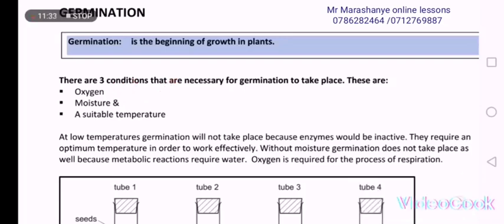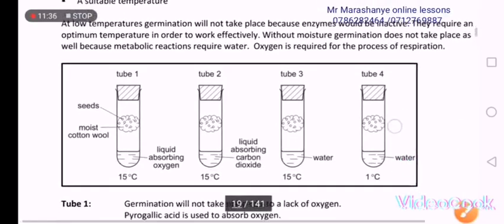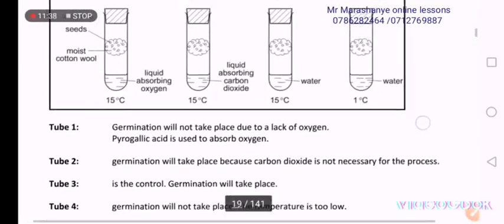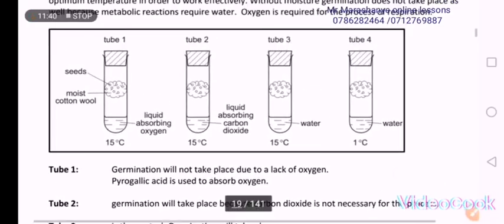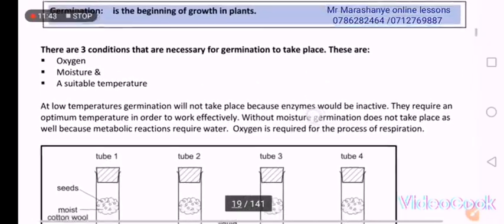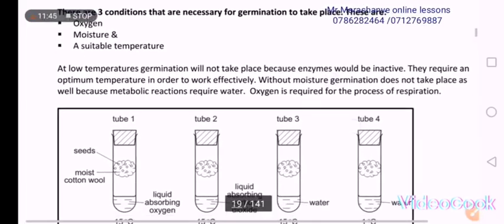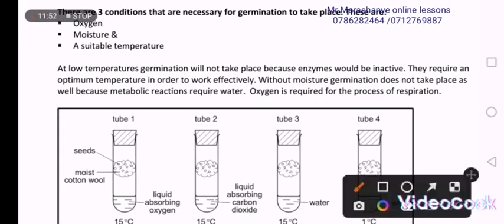Let's move on to this experiment. As you can see here, this is the experiment showing that at low temperature germination will not take place. Why? Because my enzymes would be inactive. The enzymes that make the seed germinate are inactive, and this causes the seed not to germinate or develop into a new plant.